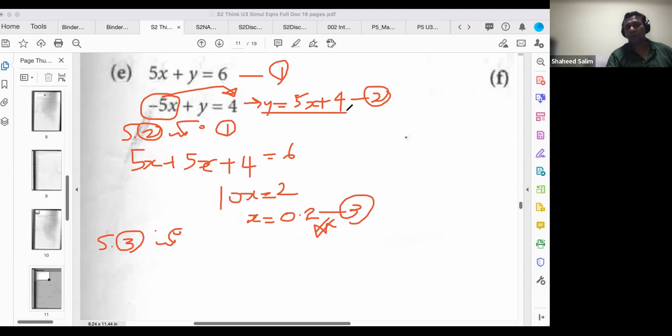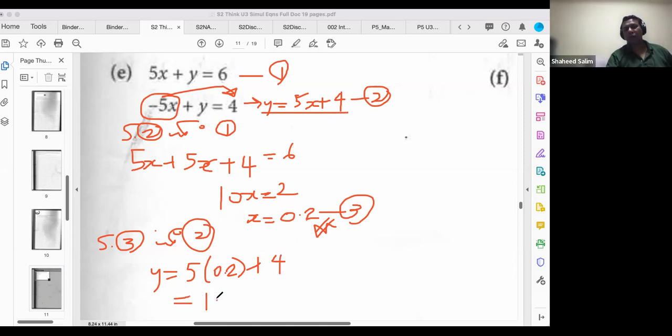So now you get Y equals 5 times 0.2 plus 4. 5 times 0.2 is 1, plus 4 is 5. Y equals 5.